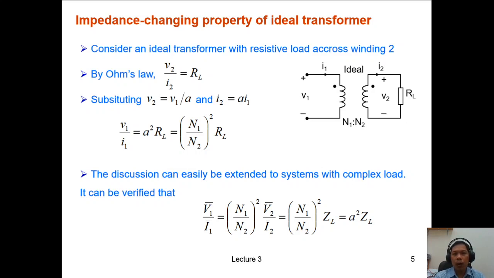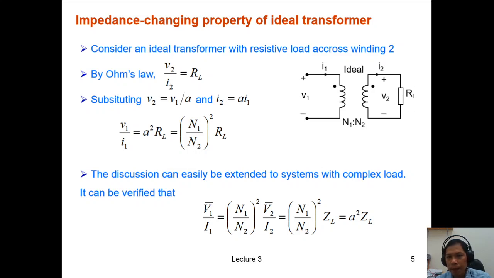Now we are looking at the impedance changing property of an ideal transformer. Consider an ideal transformer with the new model using the physical convention. You are applying a load with an impedance of RL. It can be ZL, but right now we just call it RL.